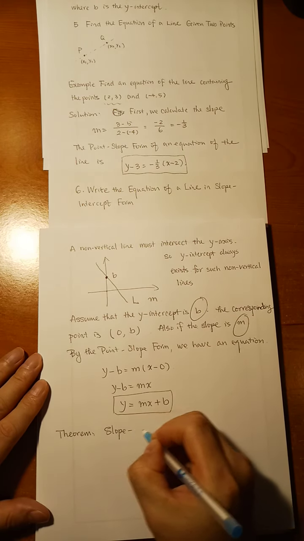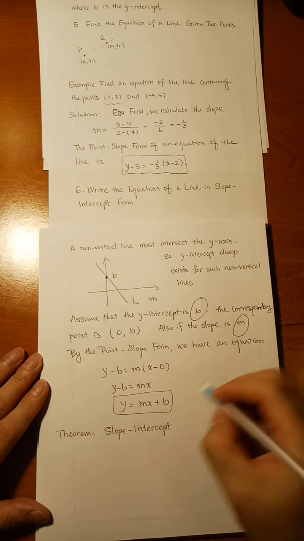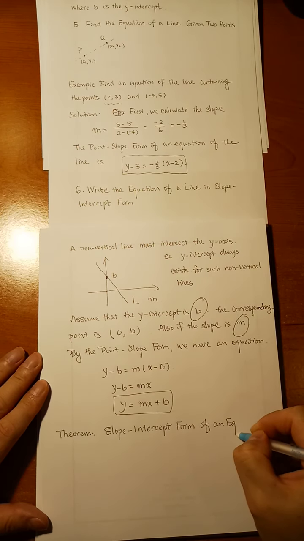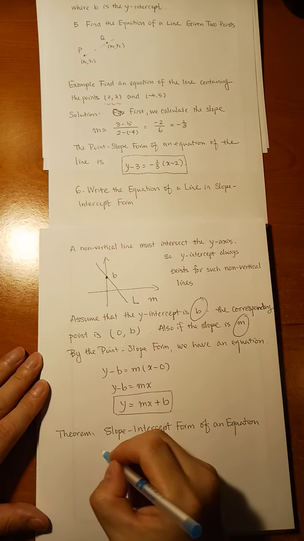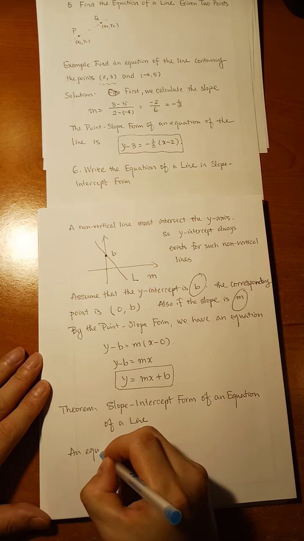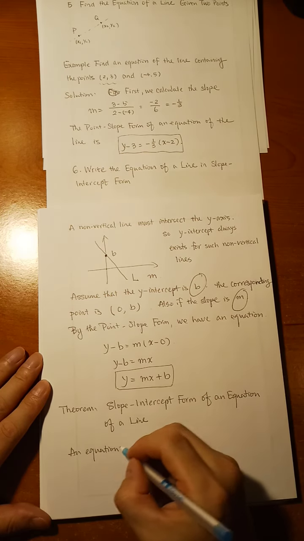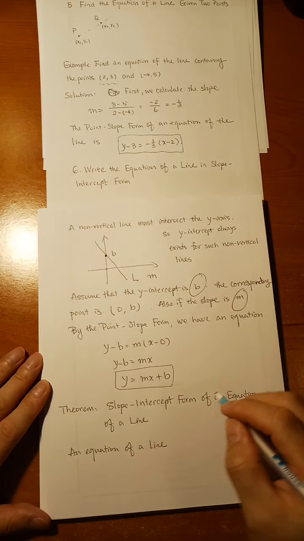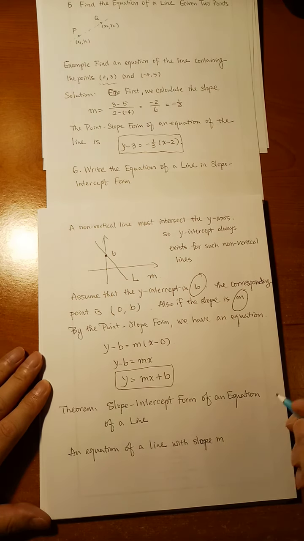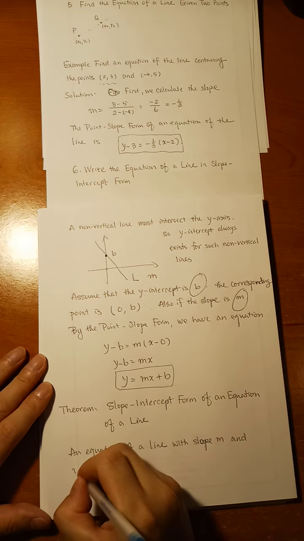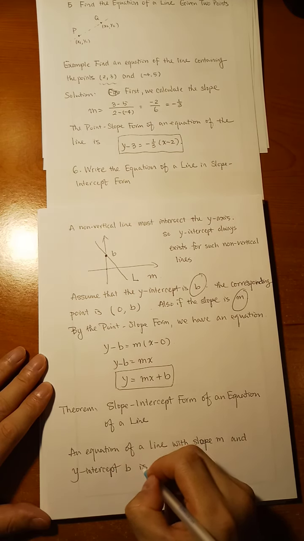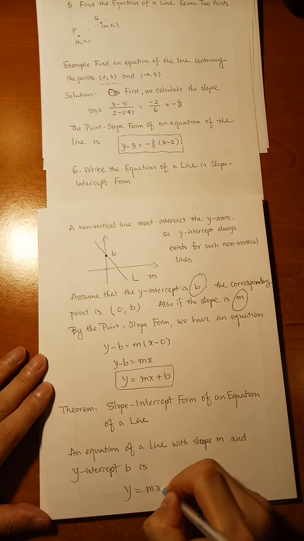The slope-intercept form of an equation of a line: an equation of a line with slope m and y-intercept b is y equal to mx plus b.